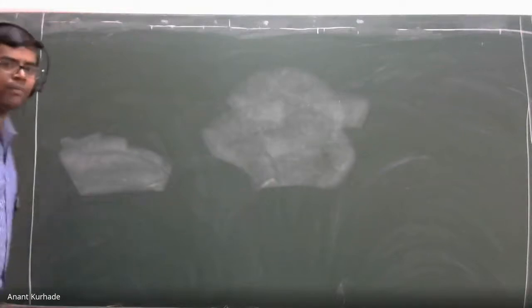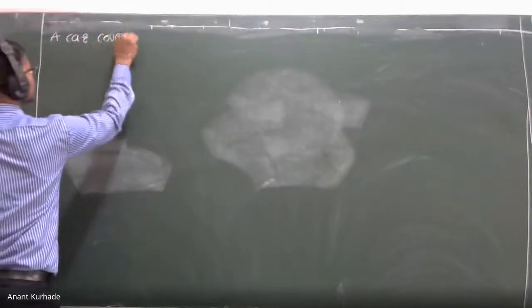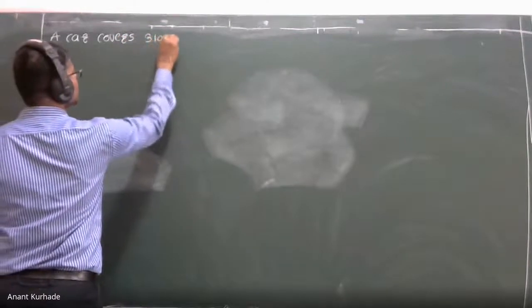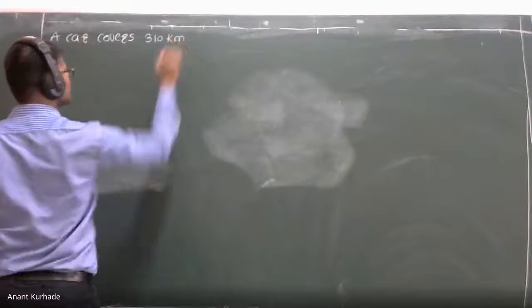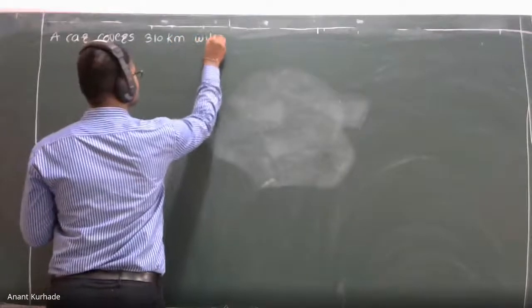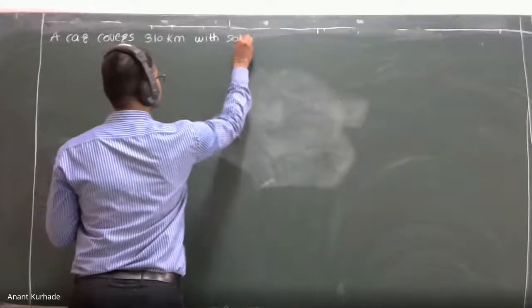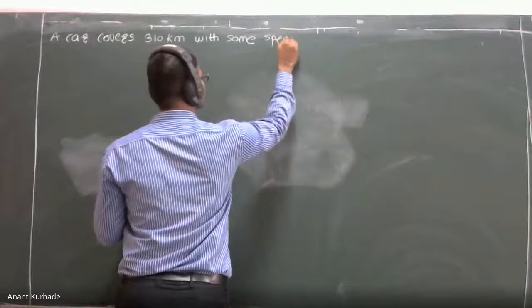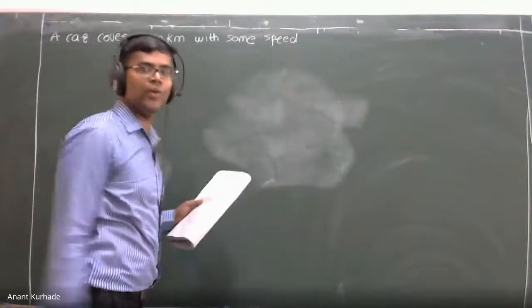Now write down the problem statement clearly. A car covers 310 kilometer with some speed. We don't know its value.